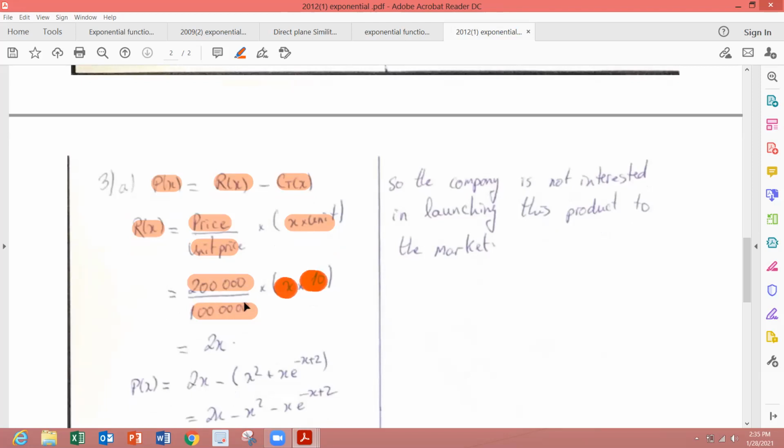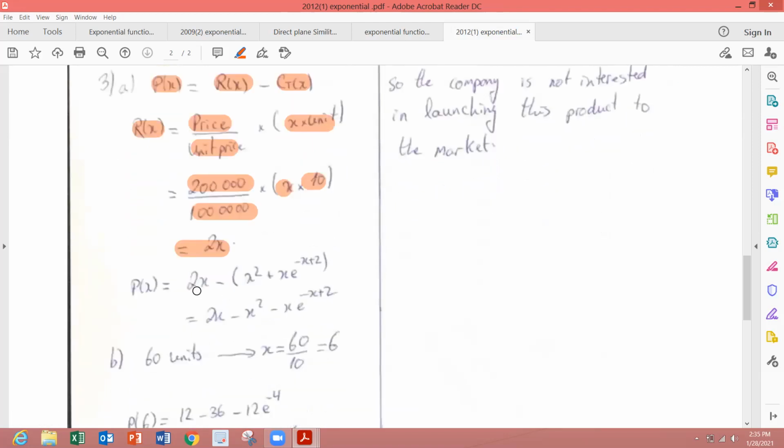They are simplified with 6 zeros in the denominator, so we get 2x. Now the profit equals revenue minus the cost, which equals 2x minus x squared minus x e power minus x plus 2.